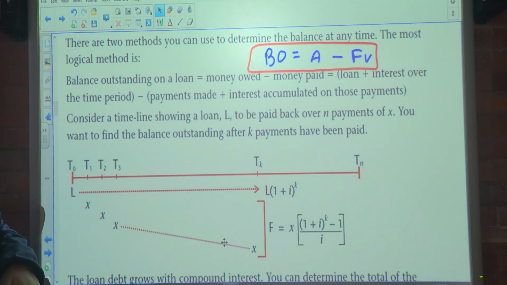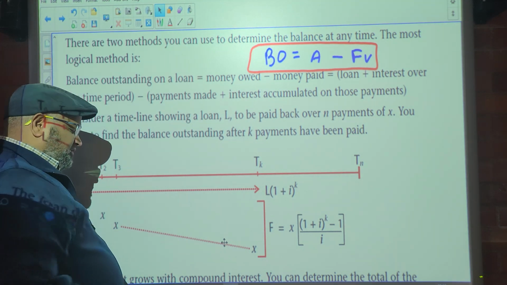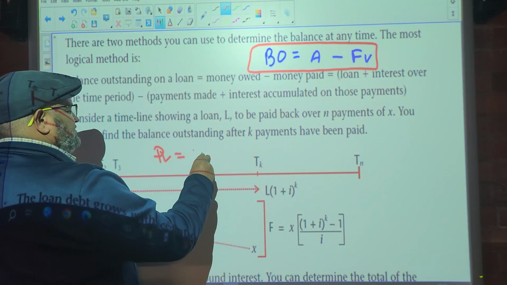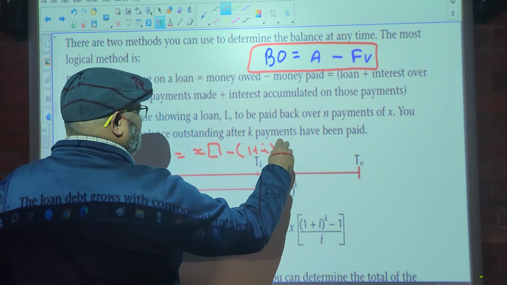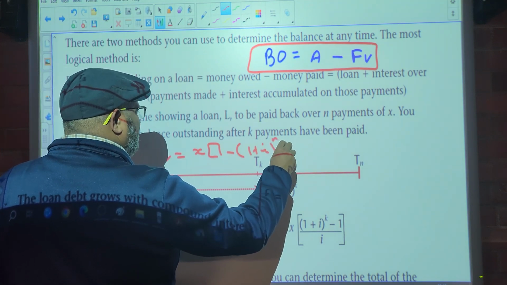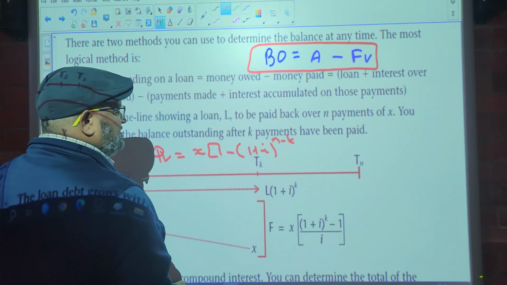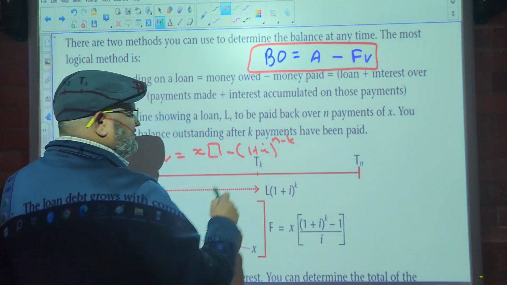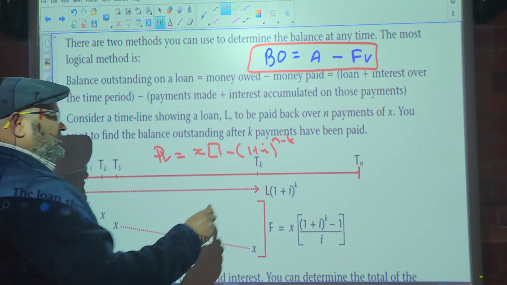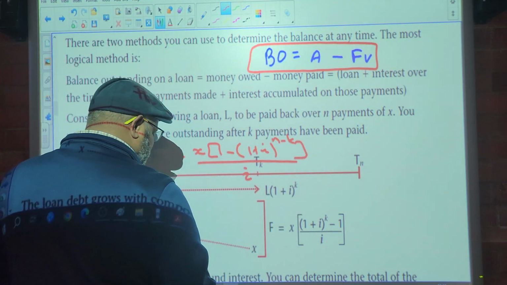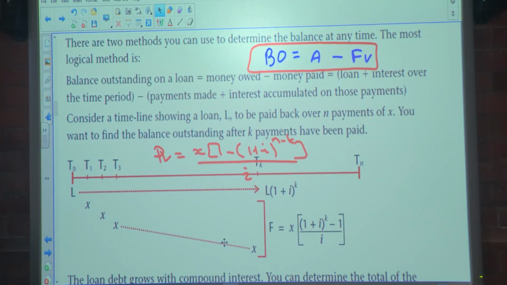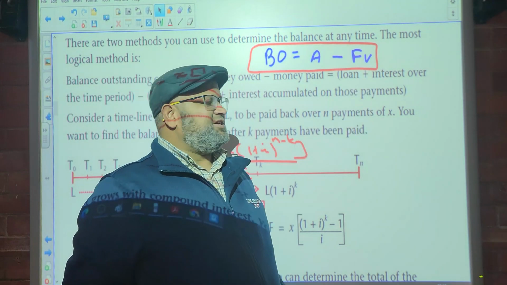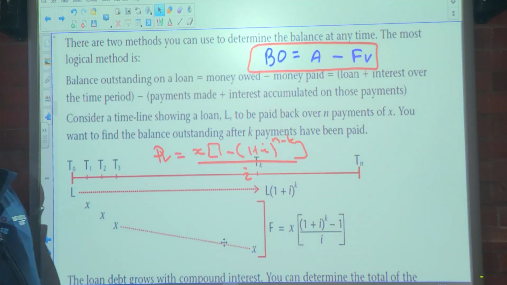Then you use the present value formula, which is present value equals x into 1 minus (1 plus i) to the power of minus n, where n is your time minus the number of installments you have covered thus far, all over i. That's one way of doing it. Otherwise, the balance outstanding is going to be A minus FV, where A is your compounding formula, while FV is your future value annuity investment formula.